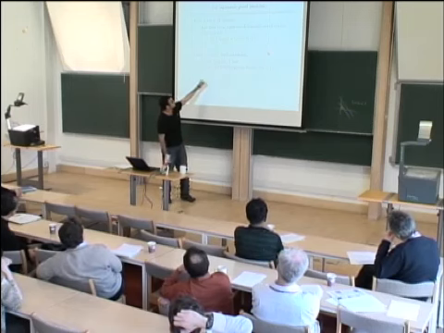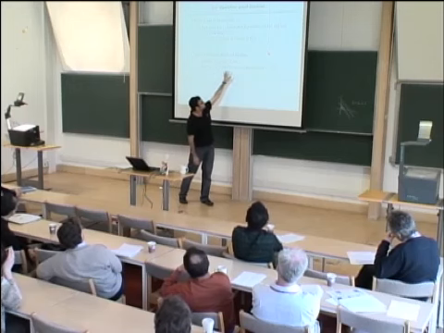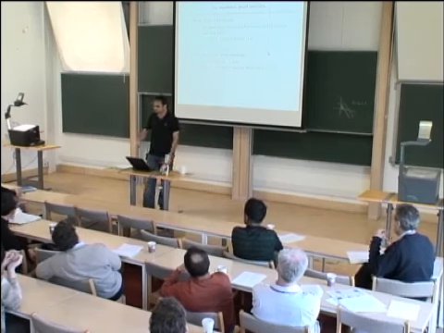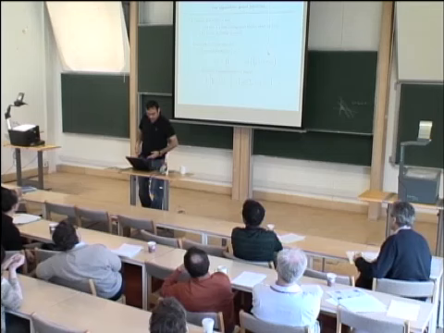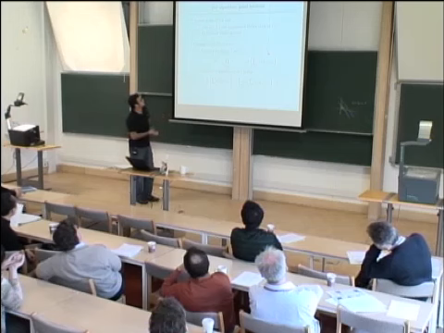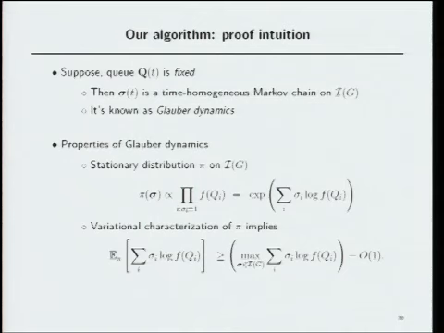In that case, the schedules form a finite state Markov chain on the space of independent sets. More importantly, it's a very nice Markov chain, at least in the continuous case. It's what is known, at least in the physics community, as Glauber dynamics. It's a reversible Markov chain, and it has a very clean stationary distribution.